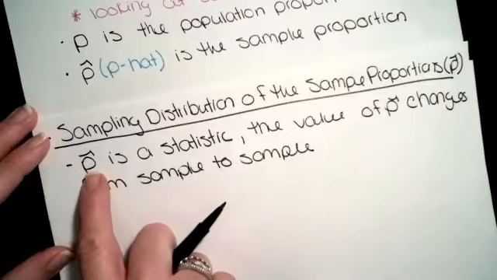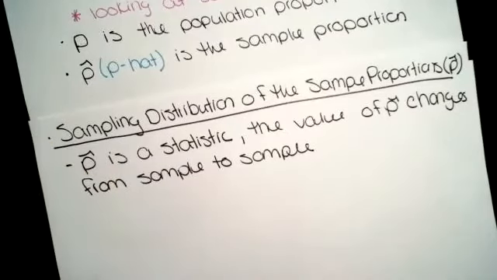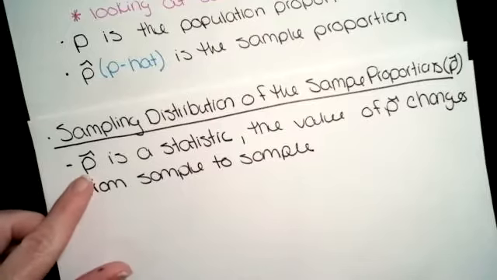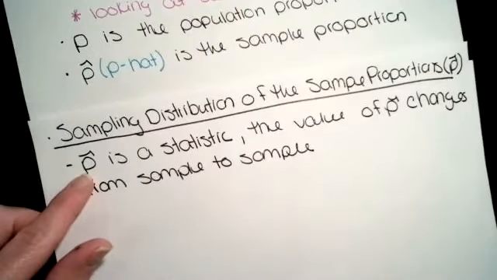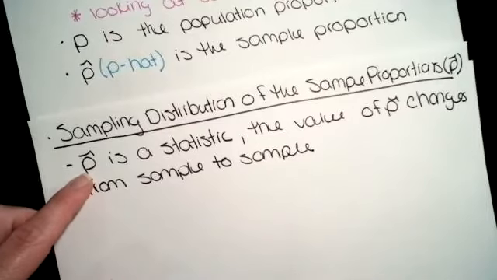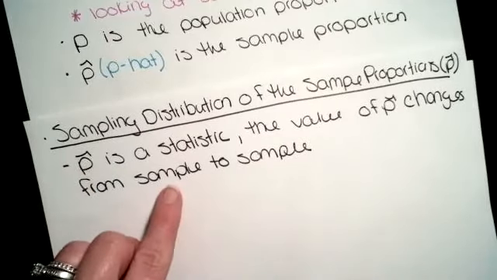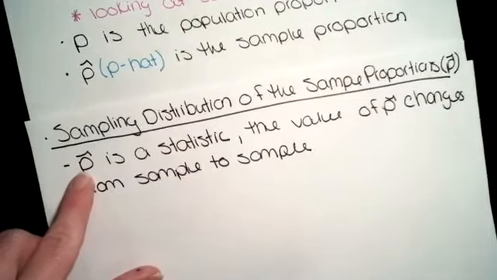And that's going to be my p-hat. So my p-hat is when I take a sample. So I might be taking a sample of 10 students at a time, and I want to know how many out of those 10 students have blue eyes. So the p-hat is the proportion of the number of people out of that sample of 10 students that have blue eyes. And I'm going to do it over and over again. So each sample will have a different p-hat, right?